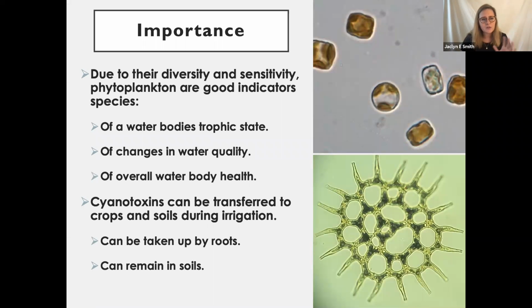As well, there is kind of a human health aspect to this. So cyanotoxins can be transferred from irrigation waters to the crops and even soils during irrigation. And there have been quite a few studies that have even showed that these toxins can be taken up by the roots of the plants and remain within the actual flesh of the plants, as well as remain in soils for extended periods of time.